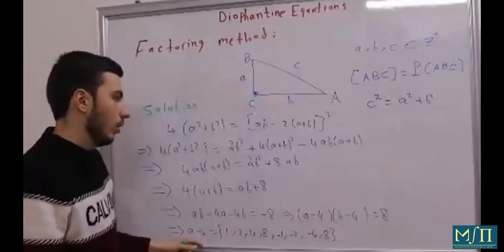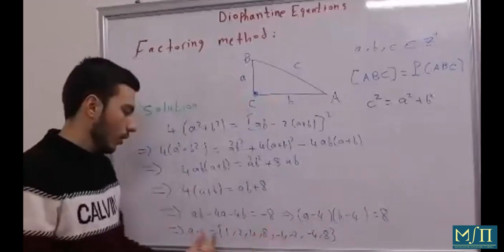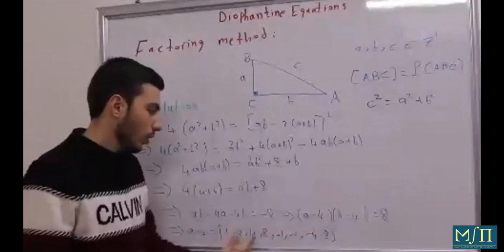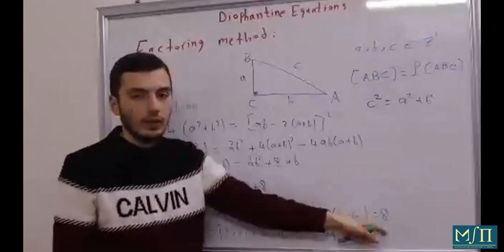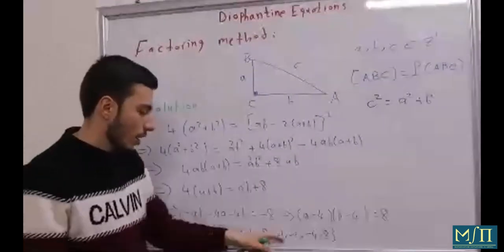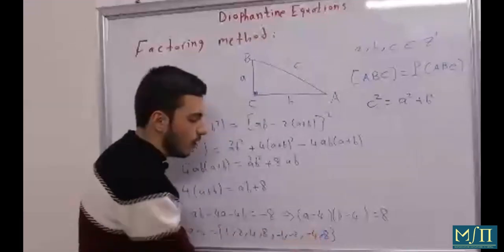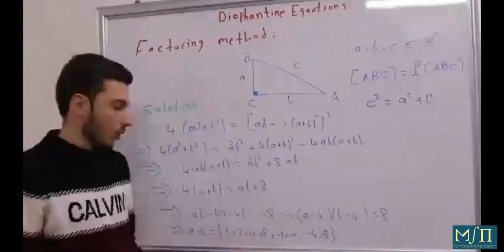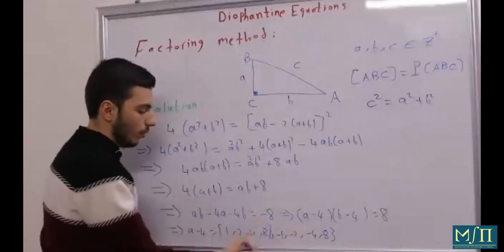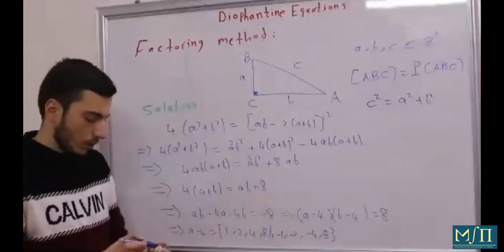Actually, we don't need to discuss the negative divisors of 8, because if we have A minus 4 equals minus 1, then we will have B minus 4 equals minus 8, which means that B is minus 4. And the same for the rest. So we just need to discuss the positive divisors, and we'll get the solution simply. And we are done.